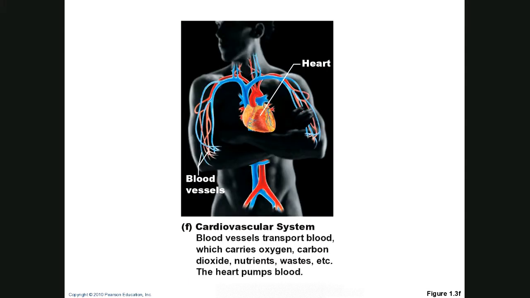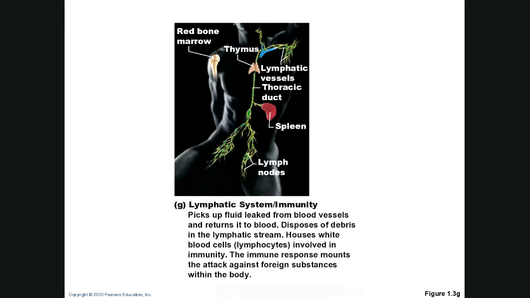The cardiovascular system is for transport of blood and the things it carries. The lymphatic system is an important part of your immune system. It also picks up any type of foreign substance, bacteria, as it picks up fluid that leaks beyond the cardiovascular system and filters it and helps keep you from getting sick.